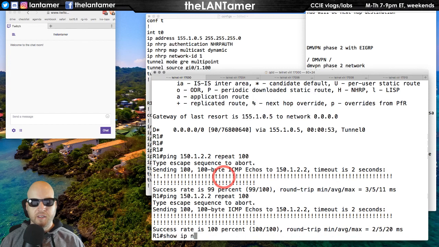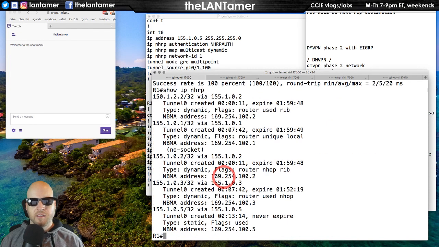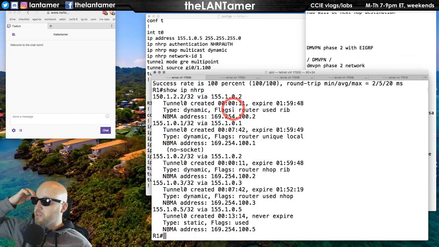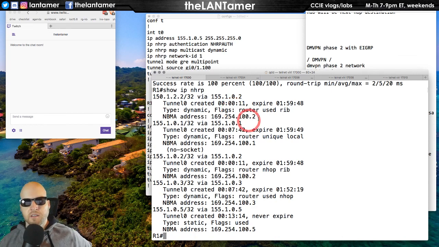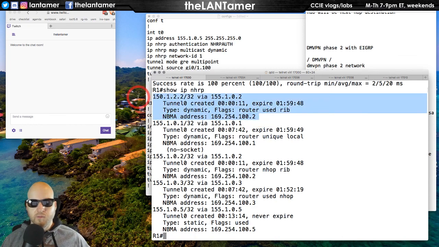Now show IP NHRP. We have a tunnel here, right? Look, router used rib. I think that's our indicator here. If we would have started phase 3 configuration from scratch, I think we would only have this one.